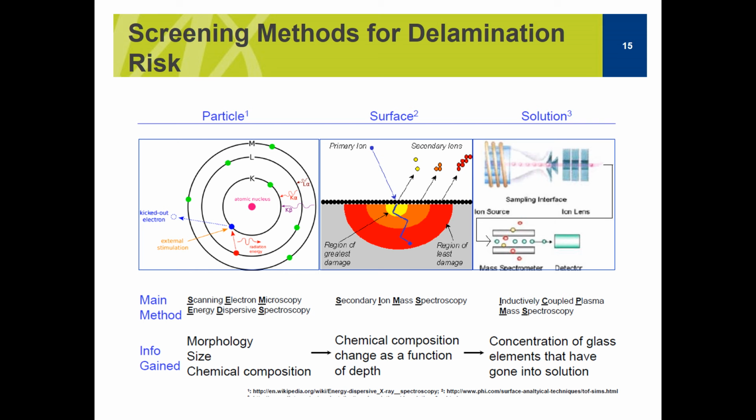Number one is we can take a look at the particles that peeled off or flaked off, and then we can look at the size, morphology, and chemical composition and determine yes, it's glass or no, it's not glass. Okay, and that gives us an idea about delamination.